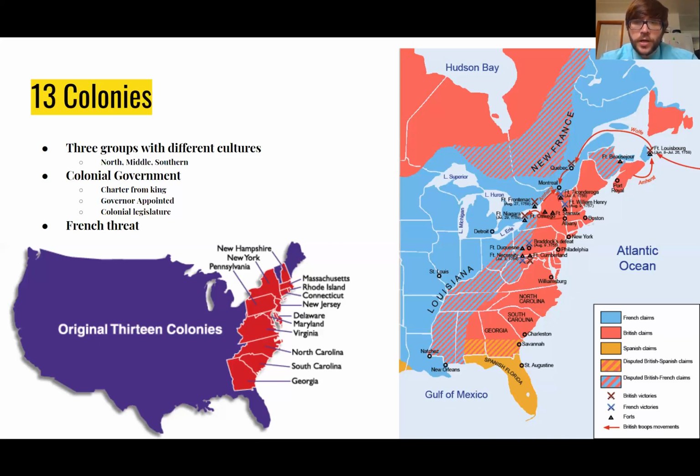But for the colonies, the king would give a charter to somebody to say they could establish a colony here. And the king had the power to appoint governors to these different colonies. That would make it seem like the king would have a lot of control if he could control who was the governor of the colony.